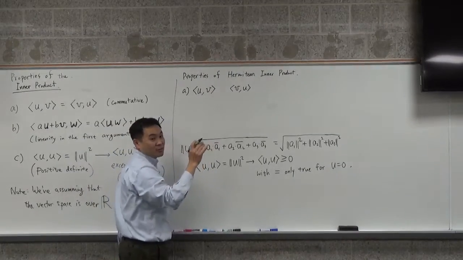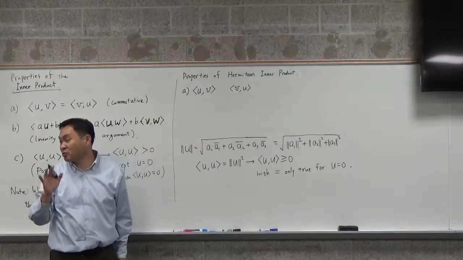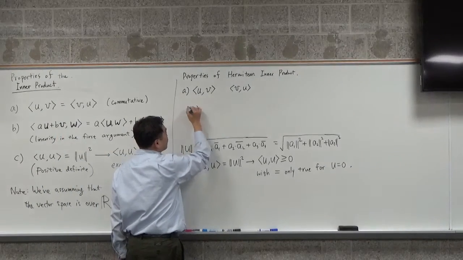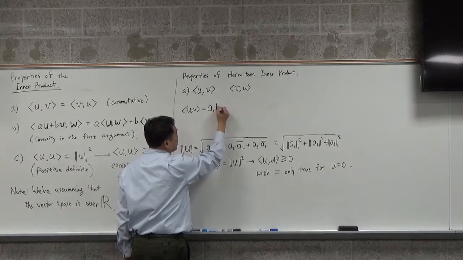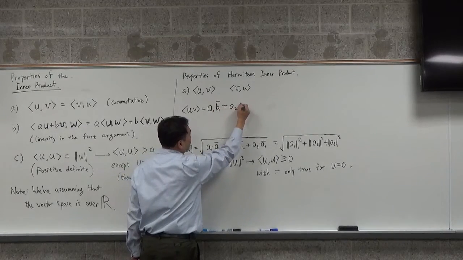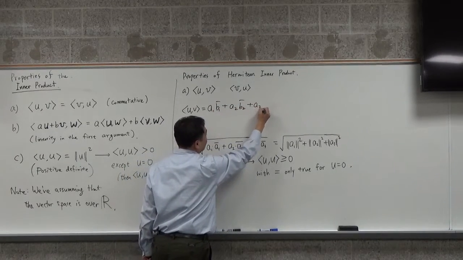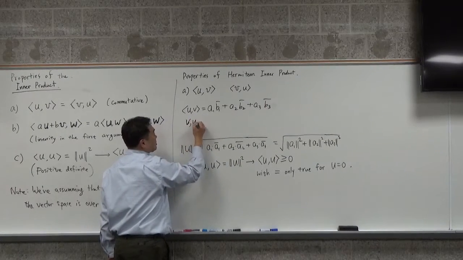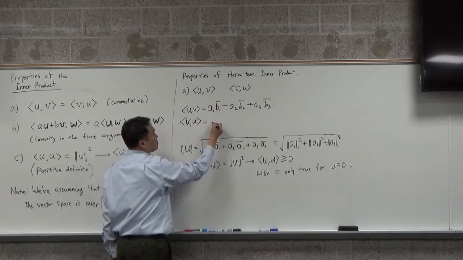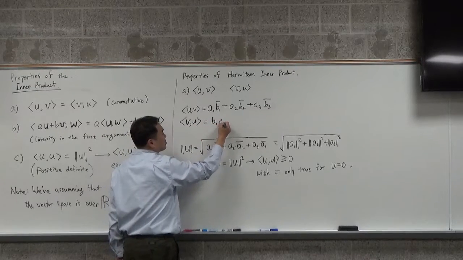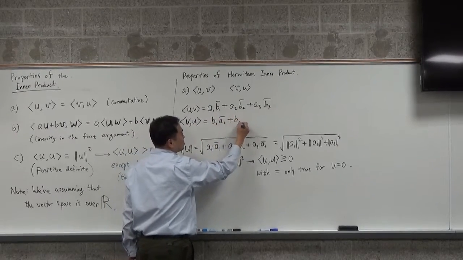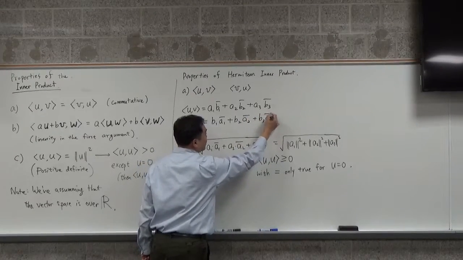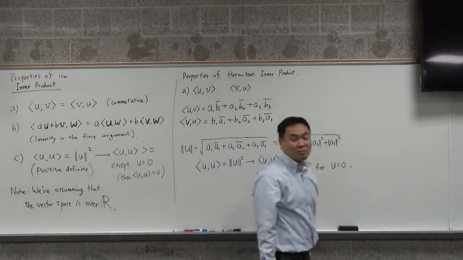With u and v the same as before, u is (a1, a2, a3), and all that. So the inner product of u and v is what? This is a1 times b1 bar plus a2 times b2 bar plus a3 times b3 bar. But then the inner product of v and u would be what? This will be b1 times a1 bar plus b2 times a2 bar plus b3 times a3 bar. Okay, what's the relationship between them?